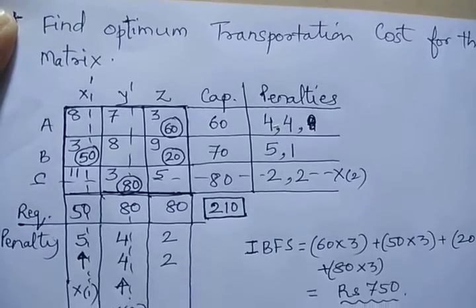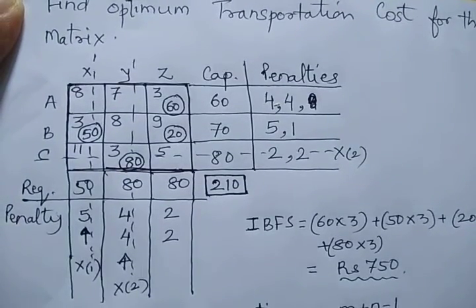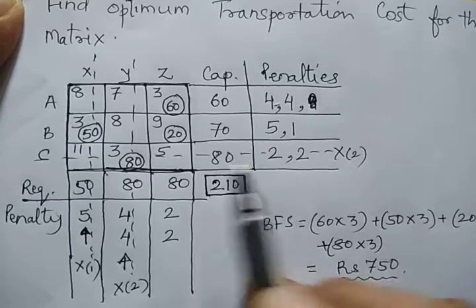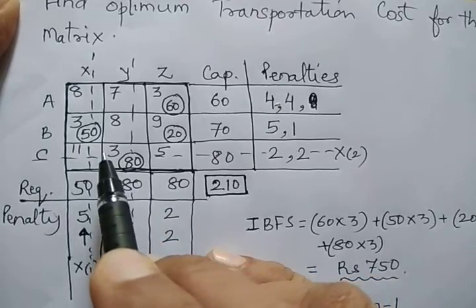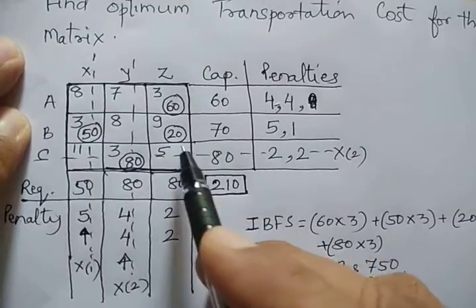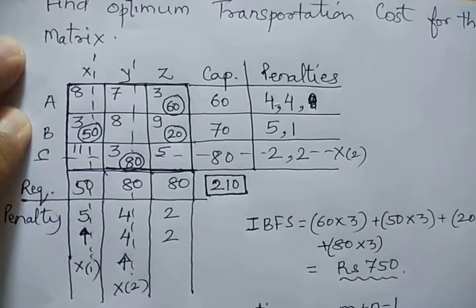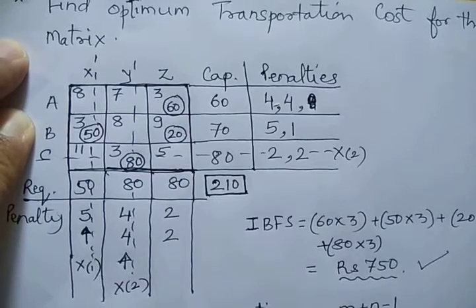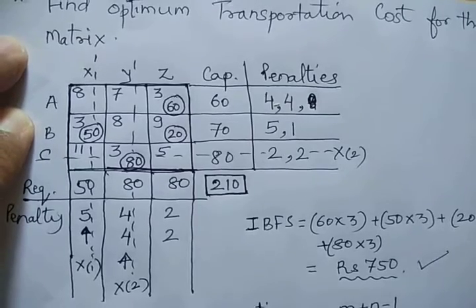So using that Vogel's method, where we have to find out the penalties of rows and columns and do the allocation, now I have done the allocations. I have got 4 allocations, 50, 60, 20 and 80. I have got 4 allocations, correct? So therefore, the initial basic feasible solution is 750. 750 we have got as the initial basic feasible solution.